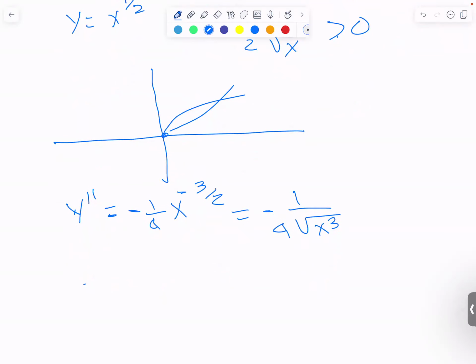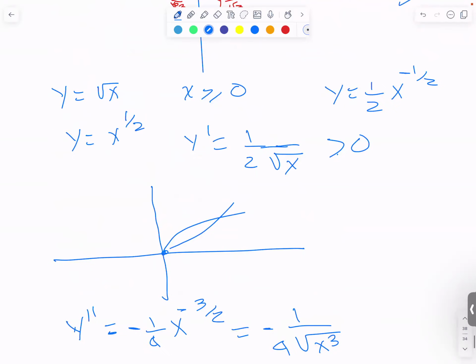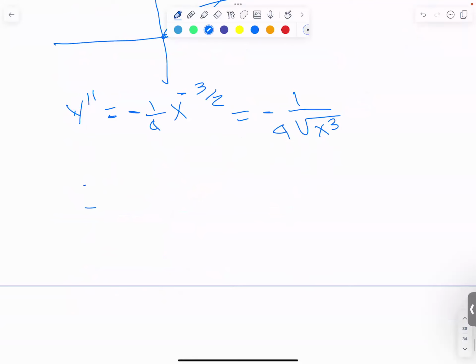There is no critical point; the first derivative is never 0, it's always positive. As for the second derivative, since the domain is x greater than 0, it is always negative.